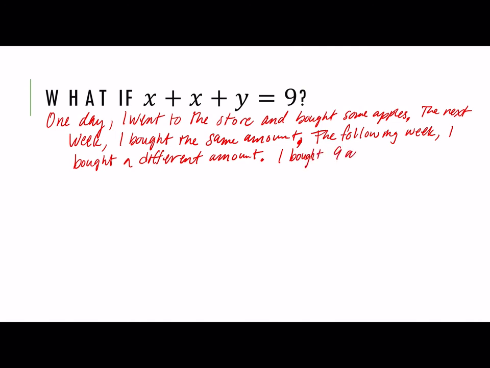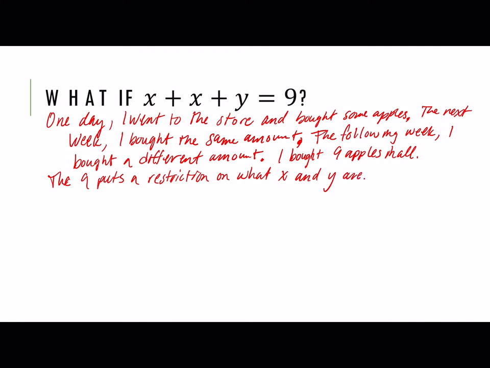Okay, you could say something like, I bought 9 apples altogether, or there are 9 total. Now, what this does is that it puts restrictions on what x and y are. Okay, the 9 puts a restriction on what x and y are.